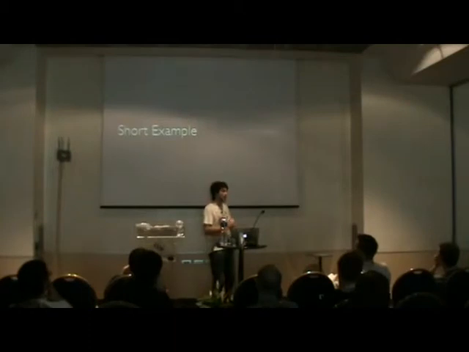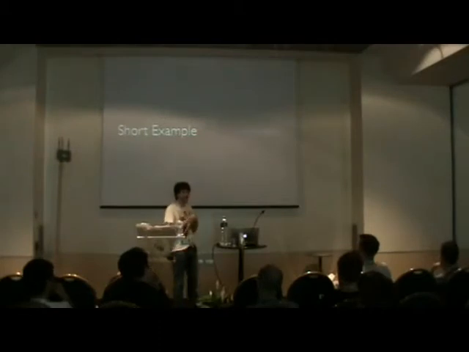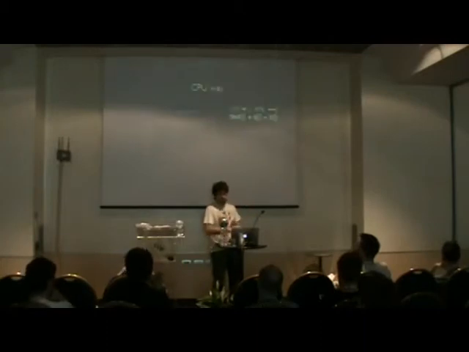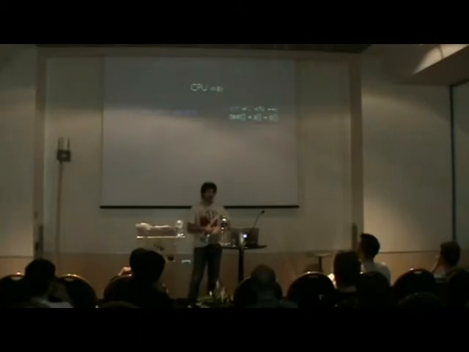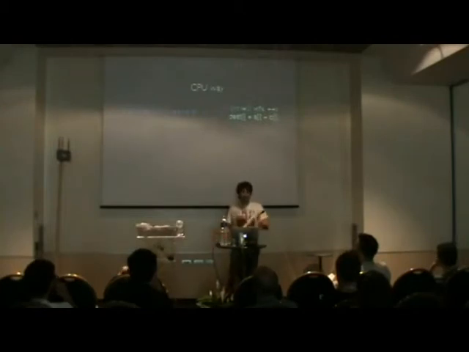To see how PyCUDA works, I prepared a very simple example, and it's about the sum of two vectors. It's a very simple task, and the classical way to solve it is to loop over the elements of the two vectors, do the sum, and put the results in another vector.